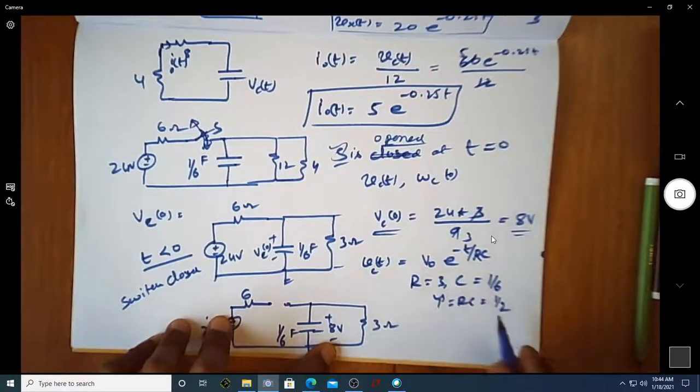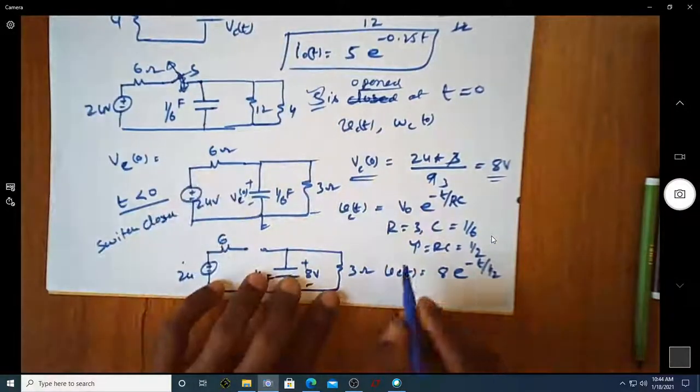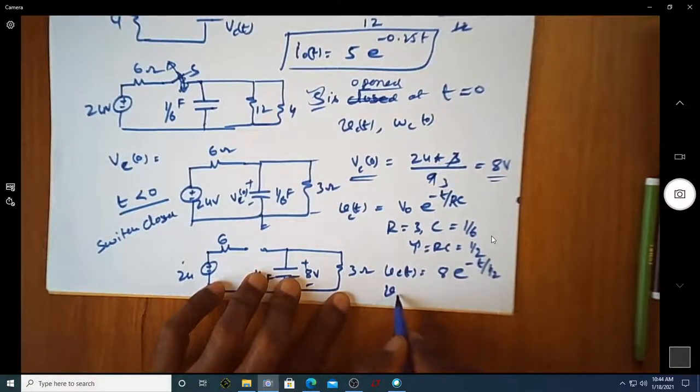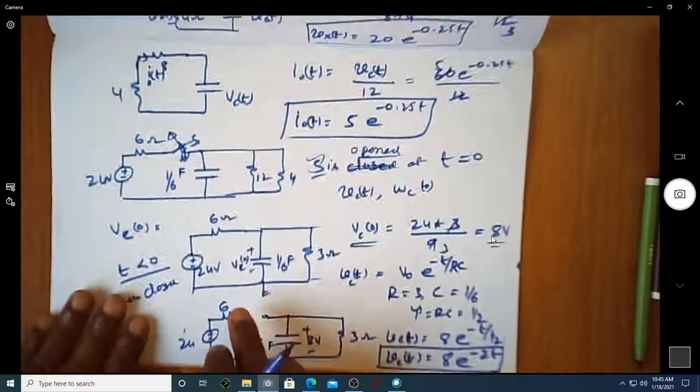So Vc(t) is nothing but 8 e power minus t by half, which is 8 e power minus 2t. So this is the expression for the capacitor voltage when the switch is open circuited.